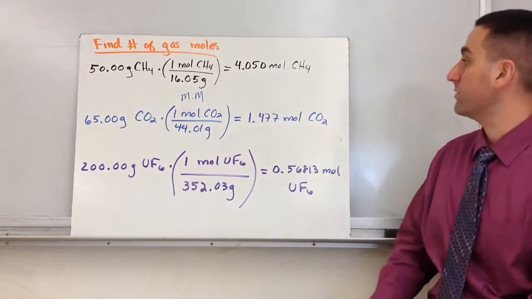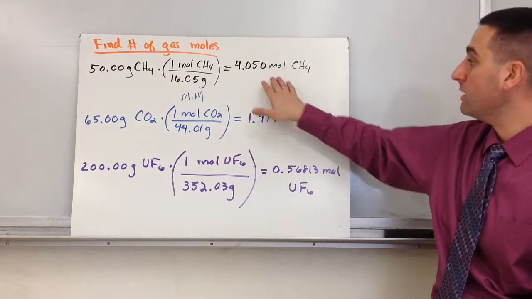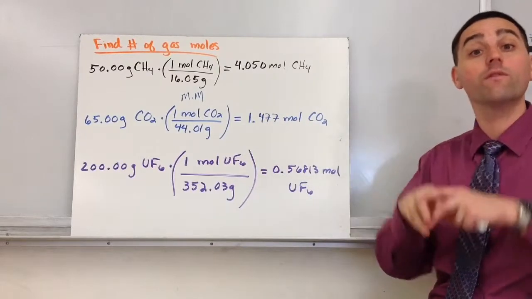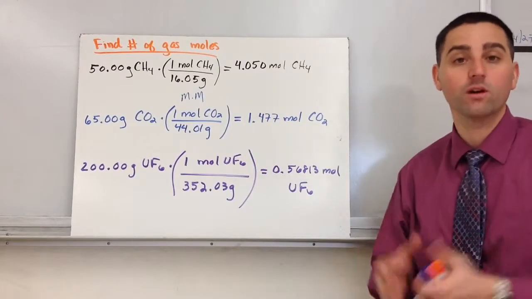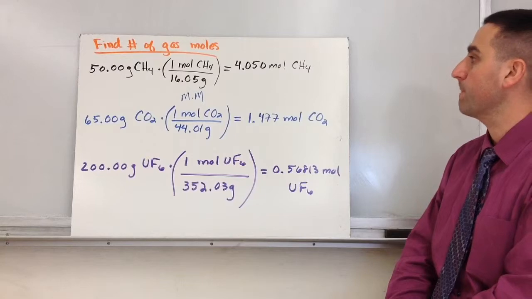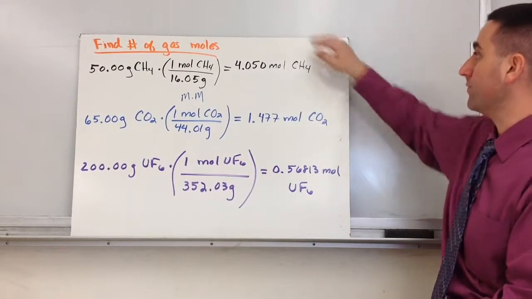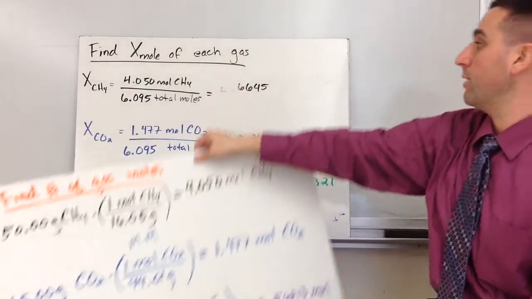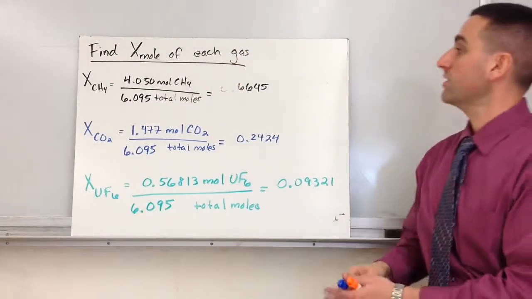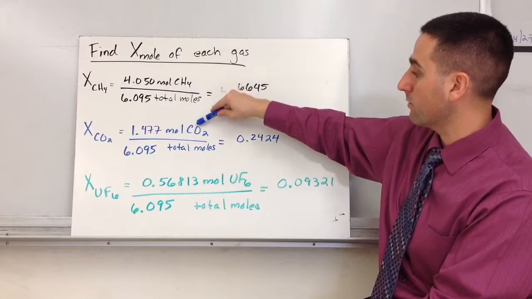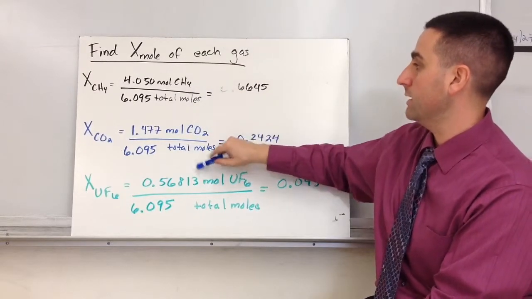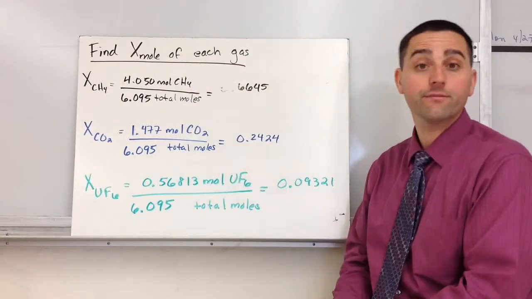Now remember what this tells you: how many moles of each gas are collected over that column of water. If I add up the total of all the moles, I can figure out my mole fraction, right? So the sum of all my mole values here is equal to 6.095.